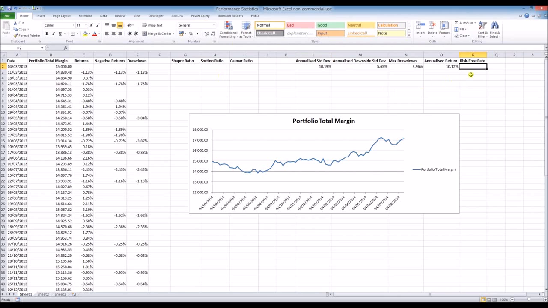So the risk-free rate is an interesting concept. It's used quite a bit in finance, and it's debatable what number you can actually use for the risk-free rate. But for our example, and it does work generally through finance, you can take a short-term treasury bond or bill. So we're going to use the Fed Treasury yield curve.